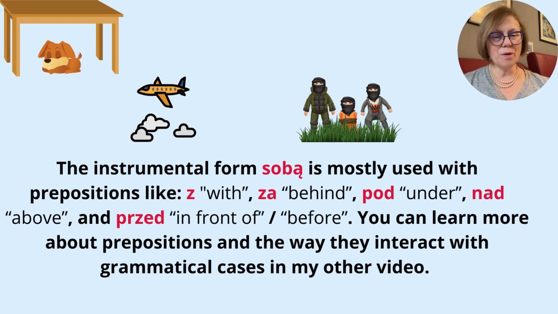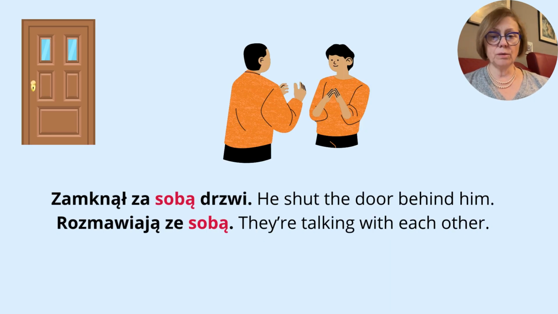You can learn more about prepositions and the way they interact with grammatical cases in my other video, which will follow. Zamknął za sobą drzwi. He shut the door behind him. Rozmawiają ze sobą. They are talking with each other.